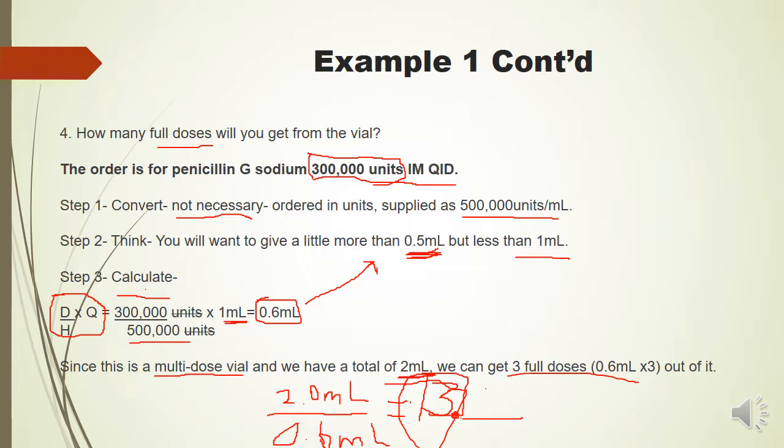So 2 milliliters divided by 0.6 milliliters gives us how many doses are available in that vial. Happens to be 3 point whatever. We can only take full doses into account because we can't use partial doses. So in total we can get 3 full doses from the vial.